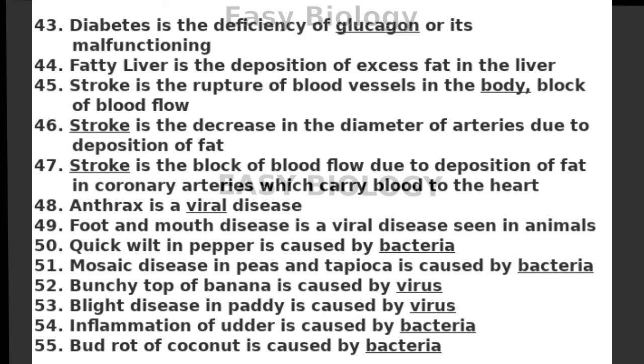Question number 52. Bunchy top of banana is caused by virus. Here, the underlined portion is virus and it is correct. Question number 53. Blight disease in paddy is caused by virus. Here the underlined portion is virus. It is wrong. The correct answer is blight disease in paddy is caused by bacteria.